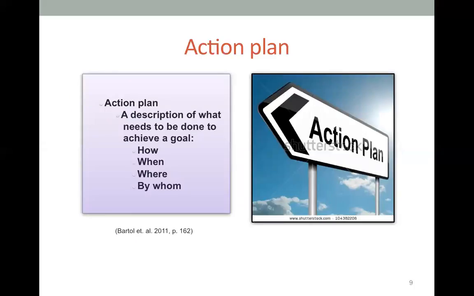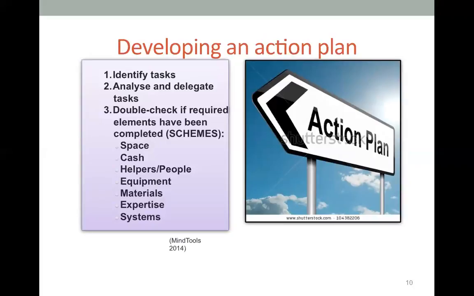Okay, action plan. An action plan is a description of what needs to be done to achieve a goal. So it has to show how, when, where, and by whom. In developing the action plan, we have to identify the tasks, analyze and delegate tasks. Therefore, we need to include the person charged to deliver the task, and double check if required elements have been completed.